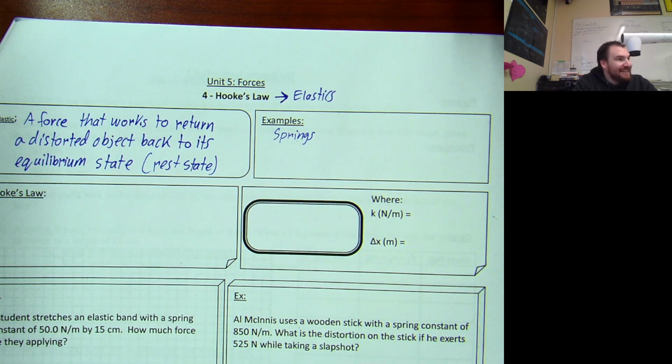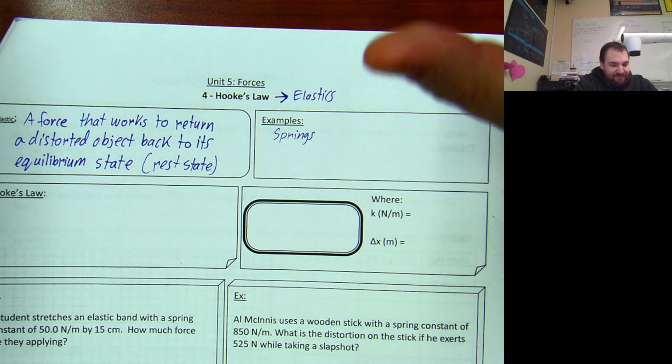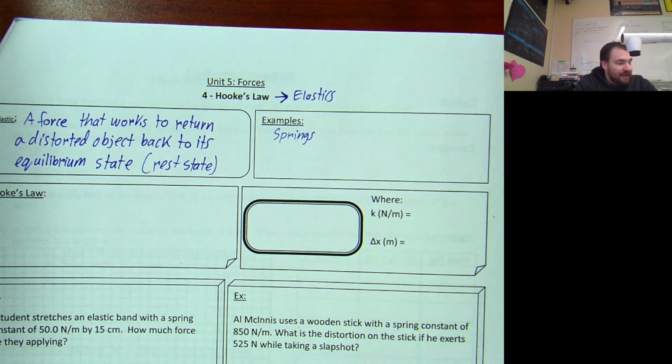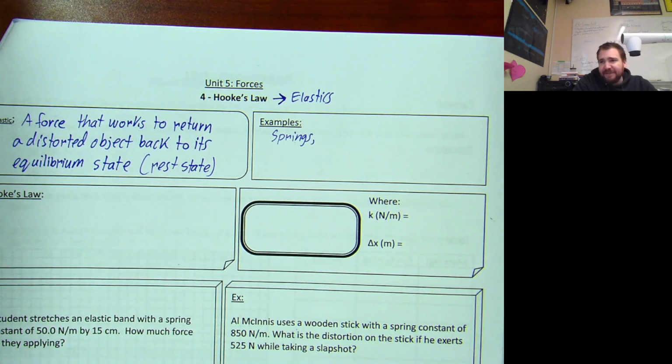Okay, so you can exceed the elasticness of an elastic or a spring, but if you treat them nicely, you're going to maintain that kind of springiness. So springs is one example. Give me more examples of things that behave elastically.